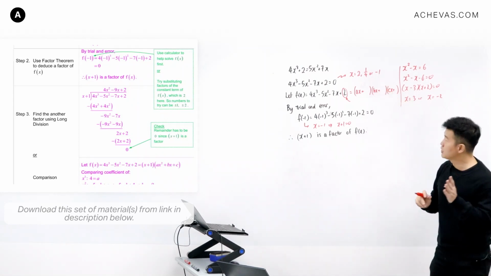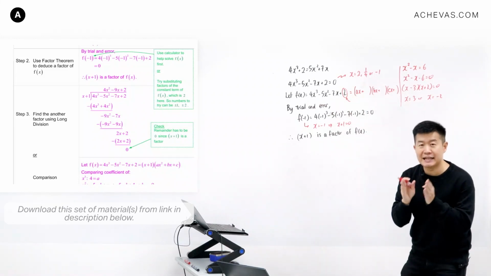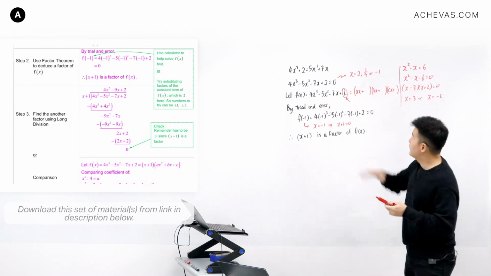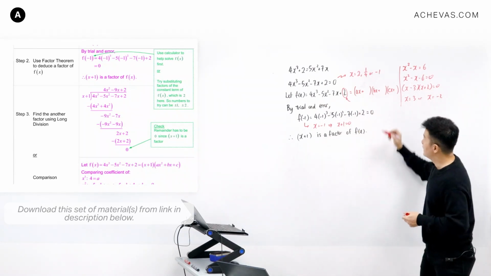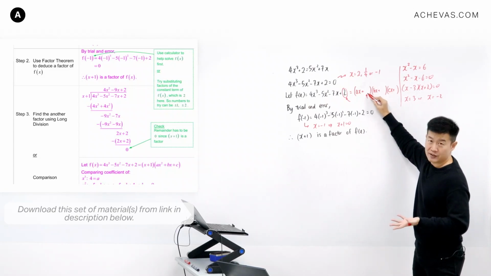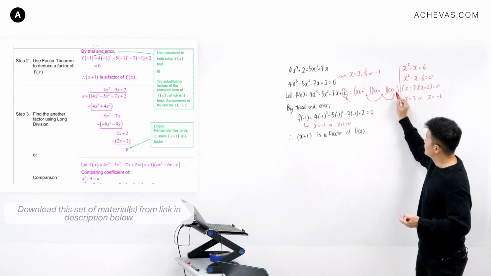But do you realize logically, if I get my inspiration from this term, this is the term that is independent of x. If I were to expand this, how will I get a term that is independent of x? It must be this term, which is a constant, multiplied by this term, which is also a constant, and multiplied by this other term here, which is also a constant.